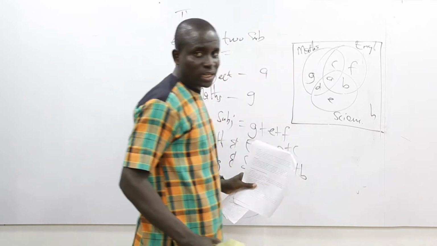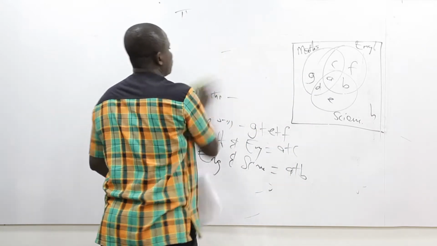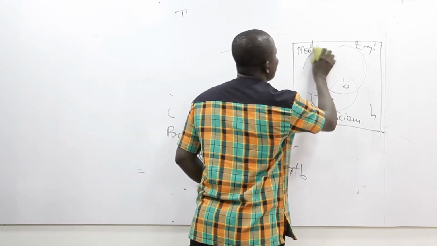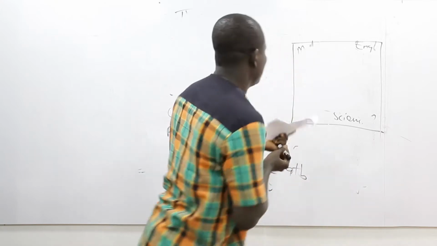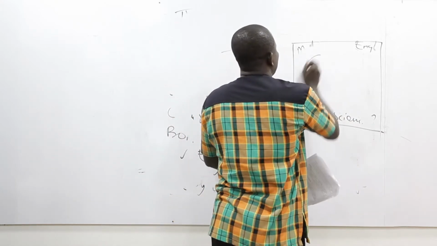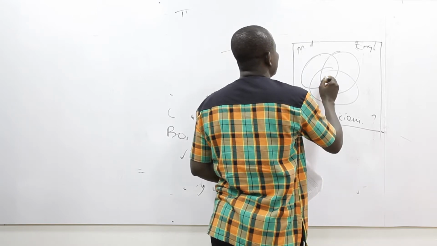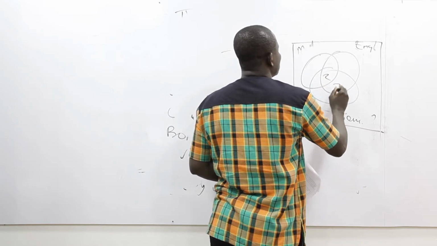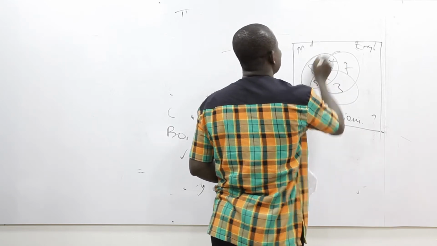So let's quickly run through. Let's use figures quickly so that we can get the concept very well. Let me quickly do this, and then draw 1, 2, 3, 4, 5, 6, 7, and let's say 8.